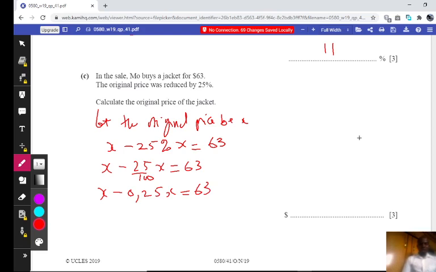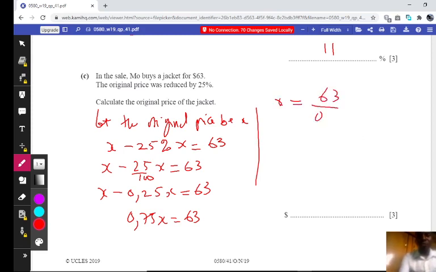It's just 1 minus 0.25, which gives 0.75. So you write 0.75x is equal to 63. Then to get x, you divide by 0.75 both sides. So 63 over 0.75, in your calculator, you get 84. So x is equal to 84. That's the original price, so it was $84.